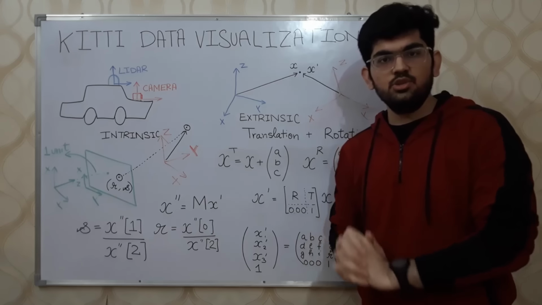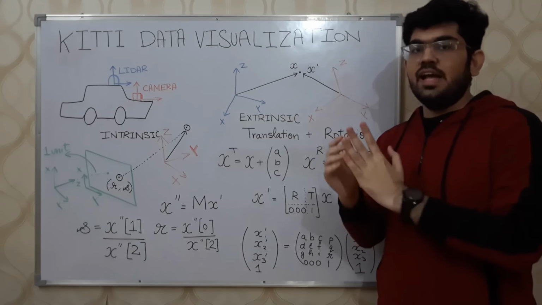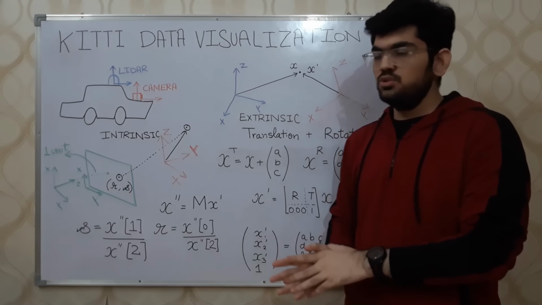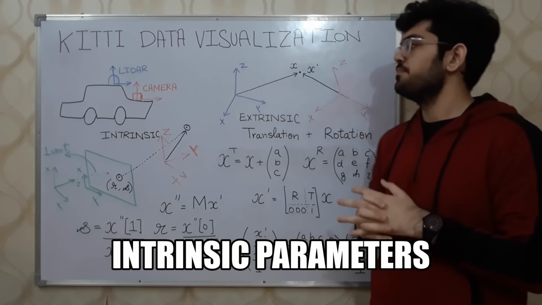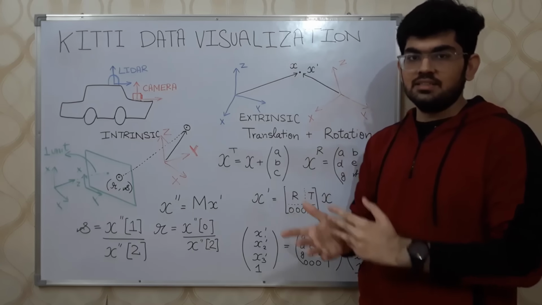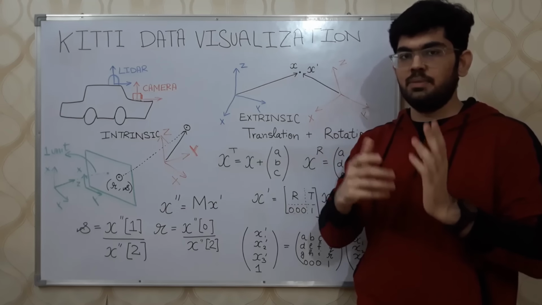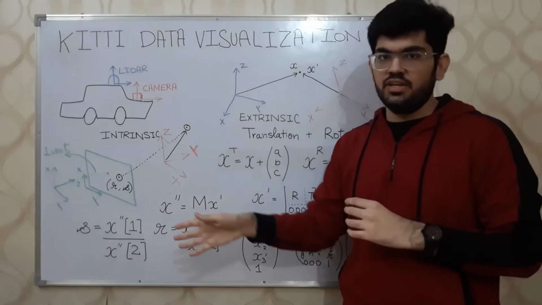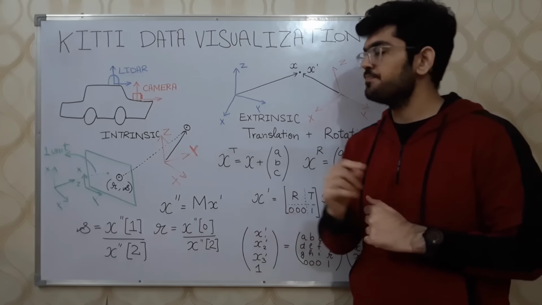Now the parameters used for the operations that we did on this side of the board are called extrinsic parameters, and the parameters that we used for this side of the board are called intrinsic parameters. Extrinsic parameters are external to the camera and depend on how the camera is placed. Intrinsic parameters depend on the internals of a camera, for instance, the focal length of the camera lens.